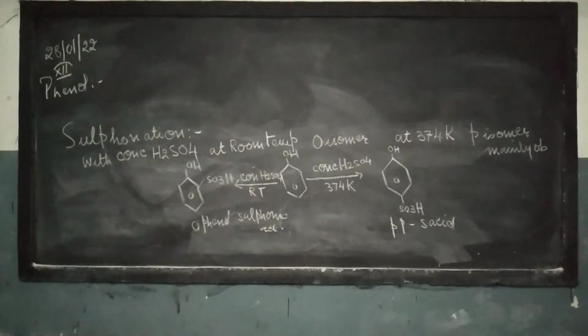Sulfonation with concentrated sulfuric acid at room temperature gives the ortho isomer, that is ortho phenol sulfonic acid. At 374 K, we get para phenol sulfonic acid. Then we are going to discuss halogenation.